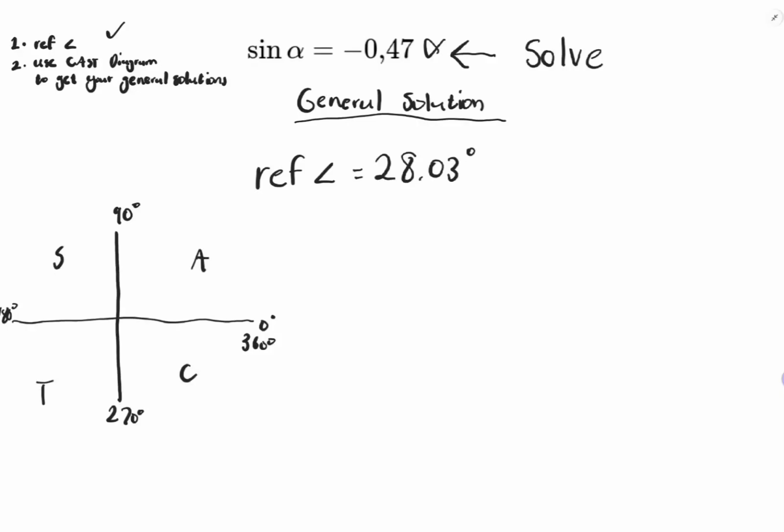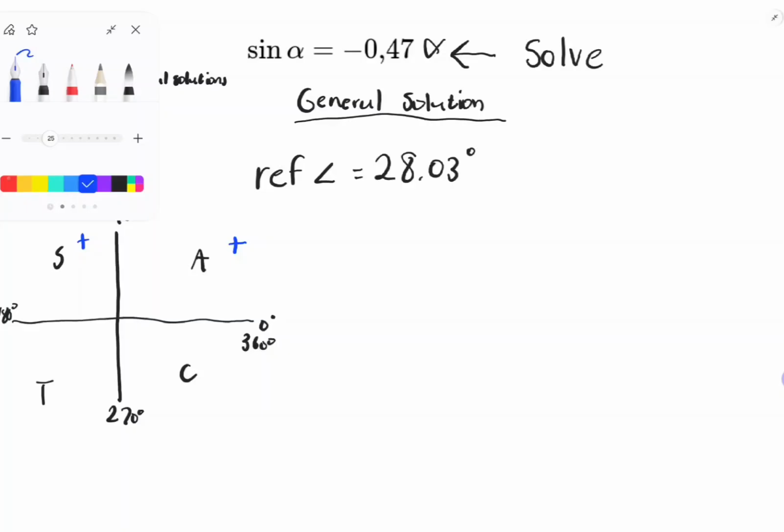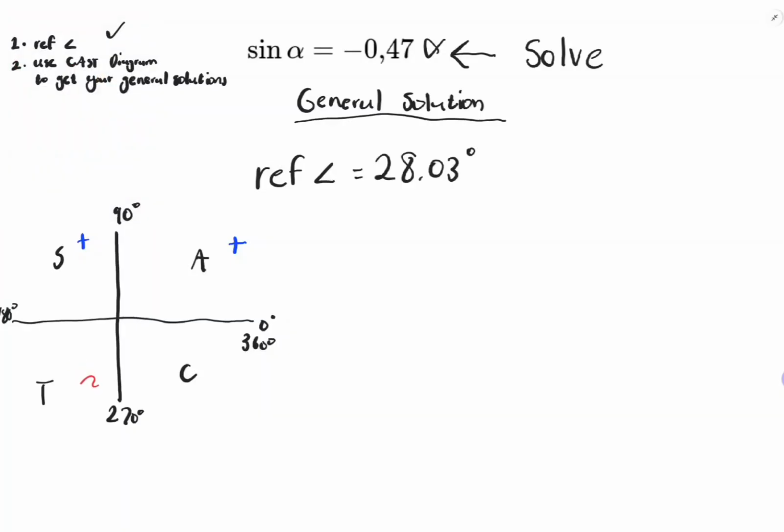The given number is negative. In which quadrant is sine negative? We know that it's positive in some quadrants, but it's going to be negative in others.